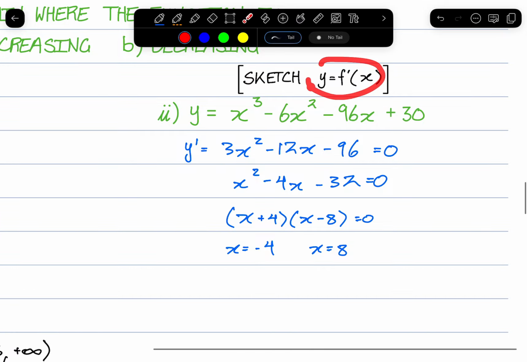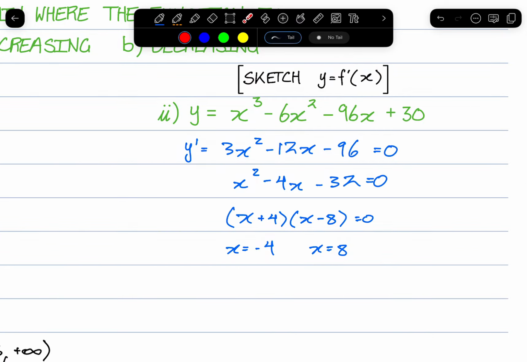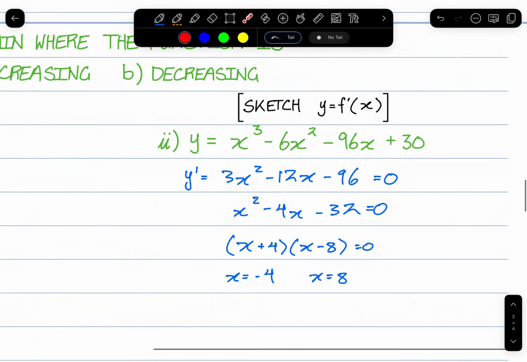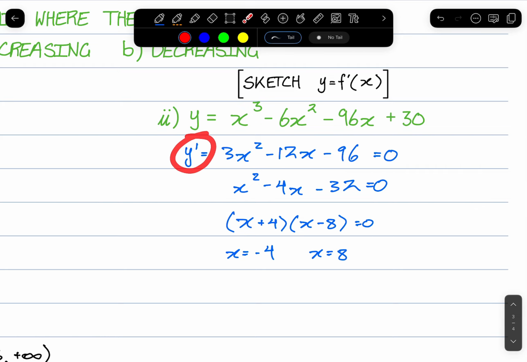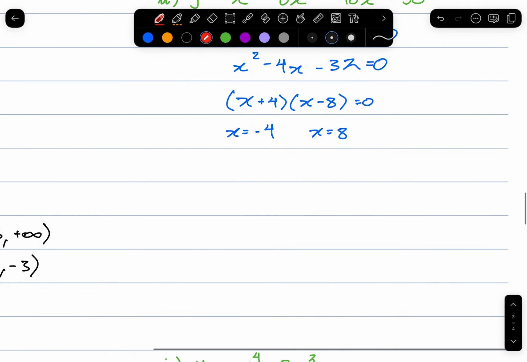From here, we're now going to sketch our first derivative. Now, we don't need to be super accurate about where our y-intercepts are and how tall the turning points are, but we know that y prime has two roots at -4 and 8. So let's do a quick sketch of that.